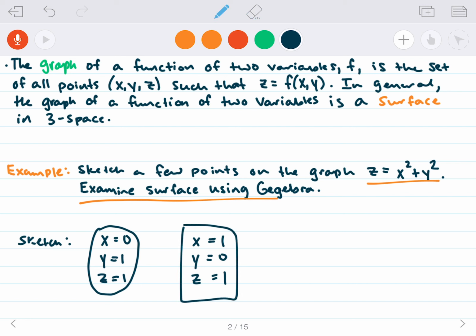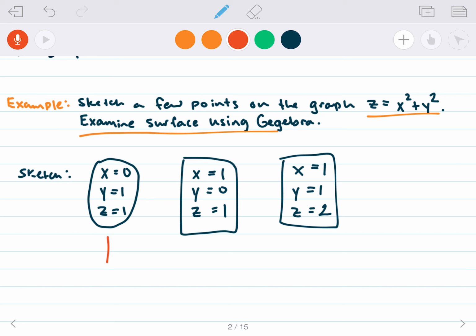And then we could do x equals 1, y equals 1 as our inputs to figure out what our output z is going to be. So we have z equals 1 squared plus 1 squared, so z is equal to 2. All right, so that's another point. We can write all 3 of these points as ordered triples.